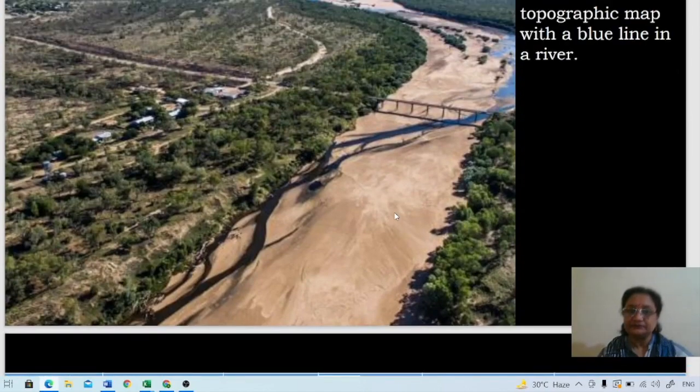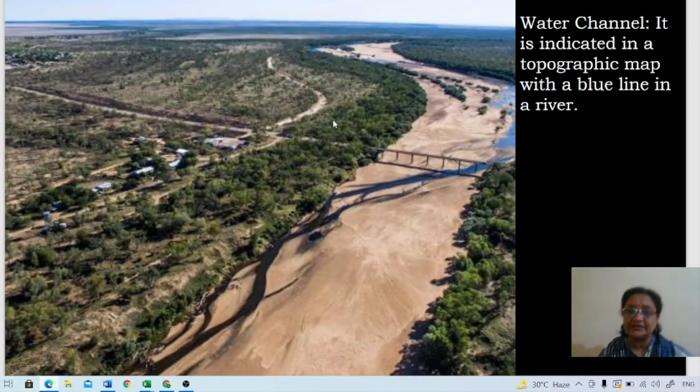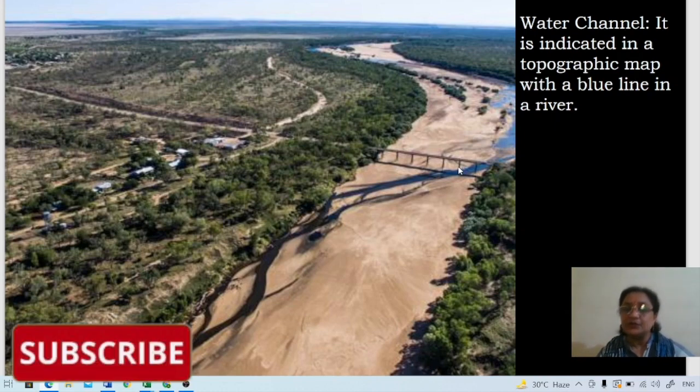Another example you can see here is a river course, right? This is a river bed, and through this, water is visible only in a limited part, and it is flowing through a very narrow channel, and this is called a perennial water channel.